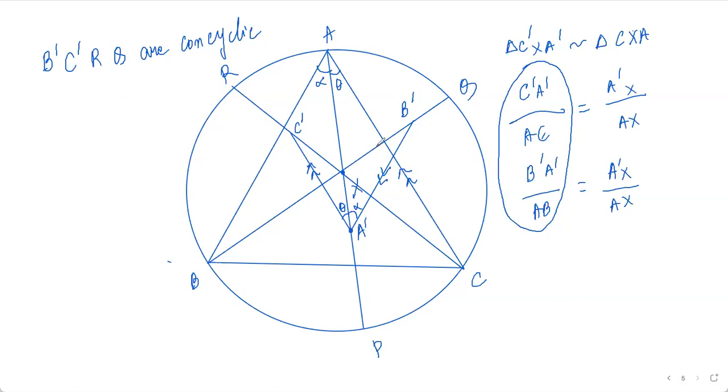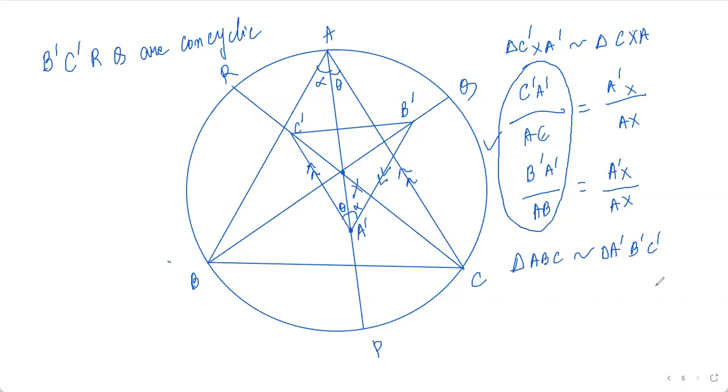Therefore, triangle A dash B dash C dash is similar to ABC, because of SAS similarity, side angle side similarity. You have proved these two ratios and the included angle are equal, so that's how you're saying that they are similar. So triangle ABC is similar to triangle A dash B dash C dash.